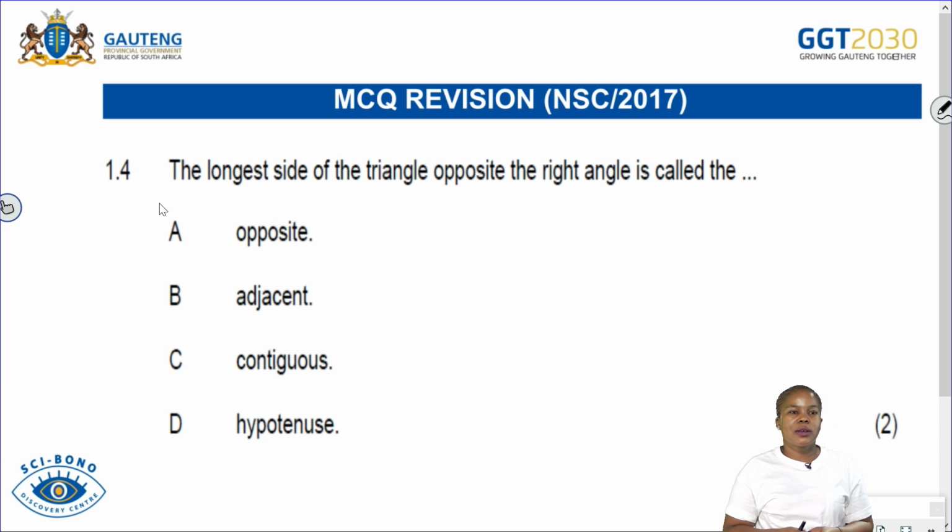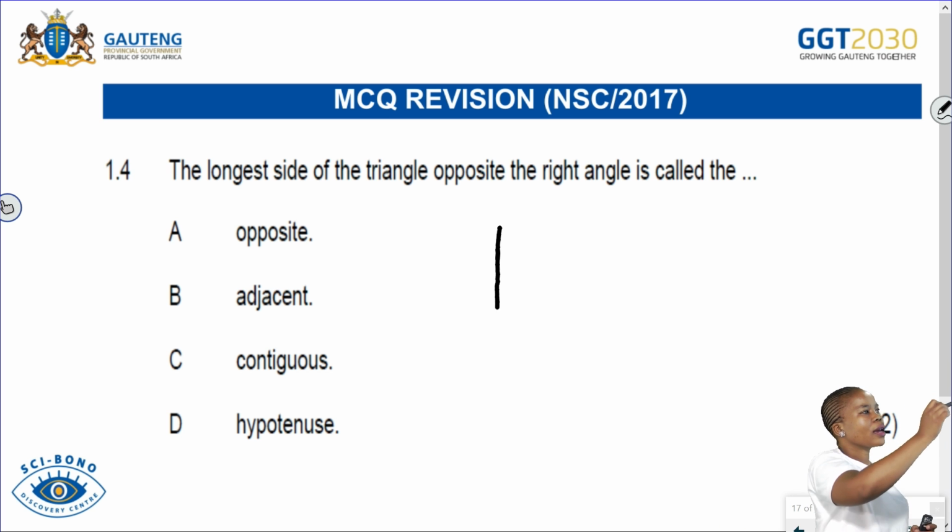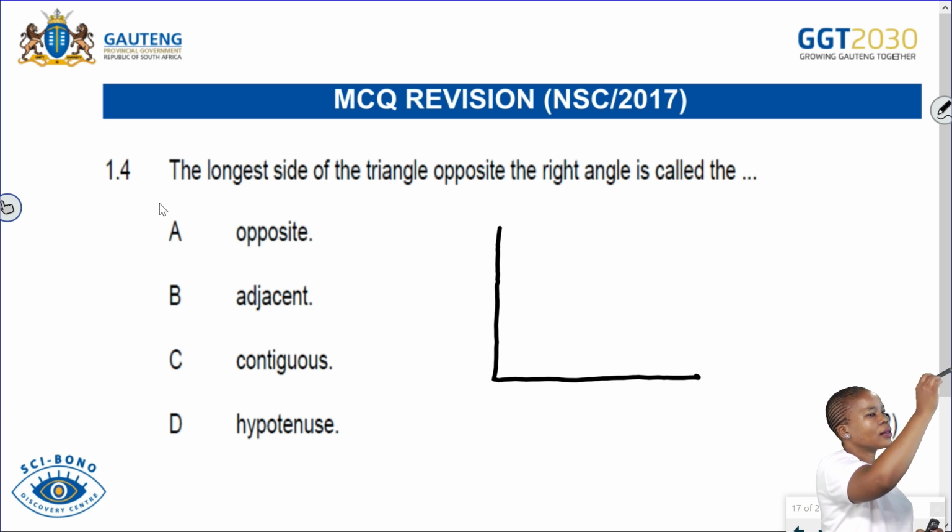Then multiple choice questions, NSC 2017, 1.4: the longer side of the triangle opposite the right angle is called the, let's write this triangle with the longer side. Here is your triangle.